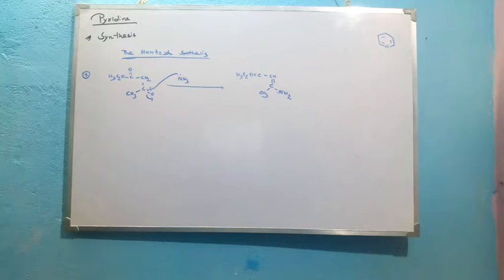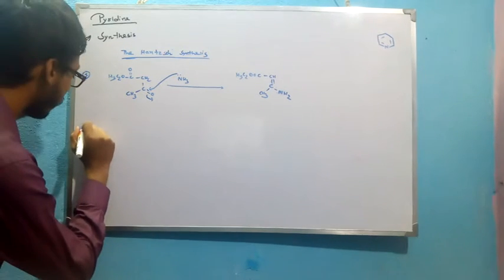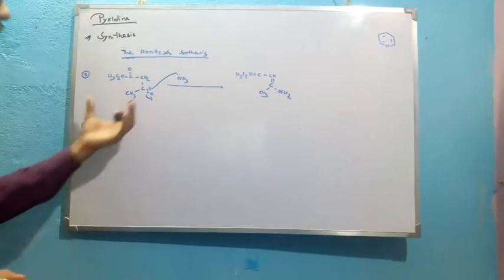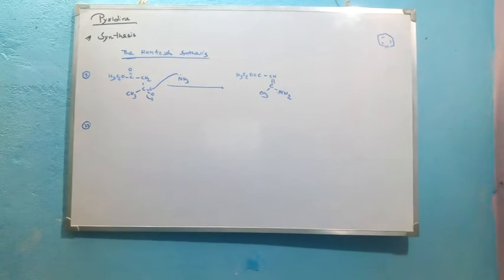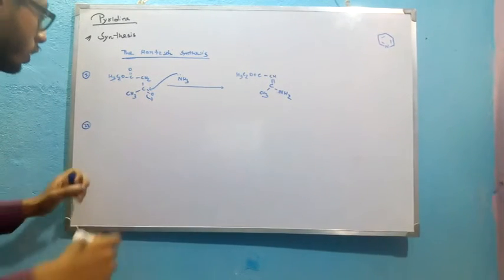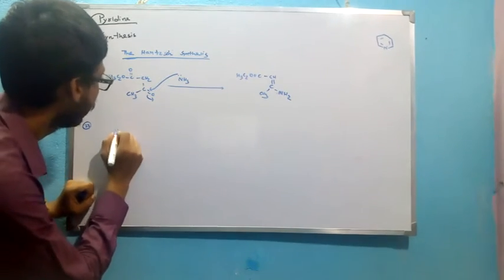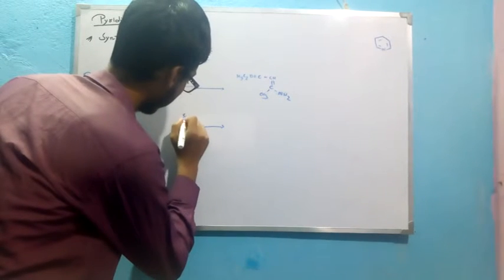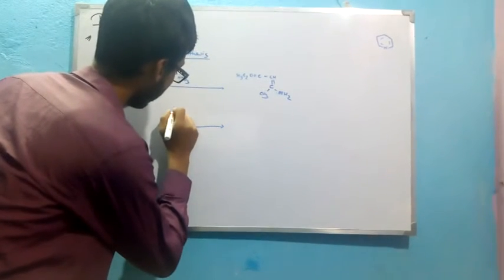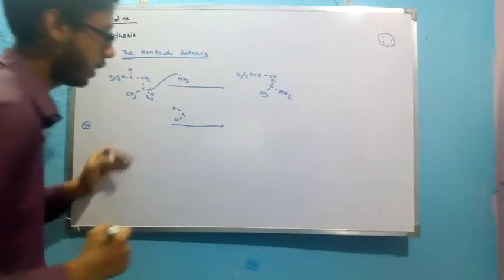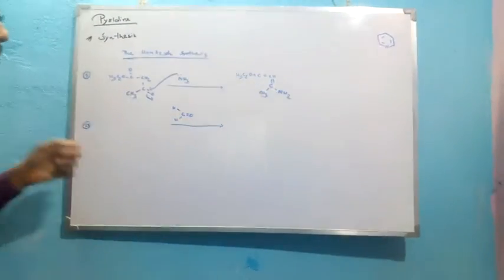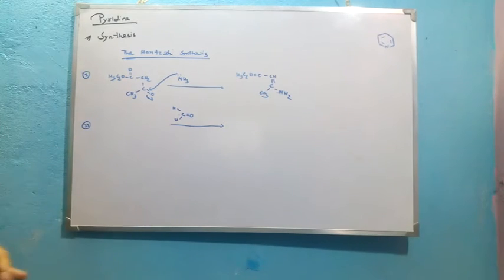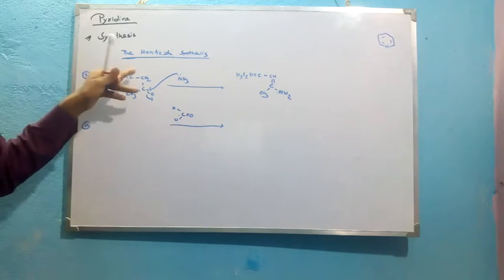In the step 2 synthesis, we take another molecule of acetoacetic ester. So two molecules of acetoacetic ester are required for the synthesis. This reacts with the aldehyde, the H-C double bond O molecule, at the CH2 group.